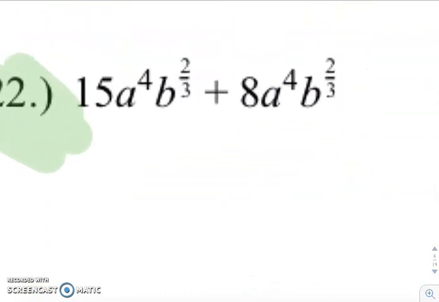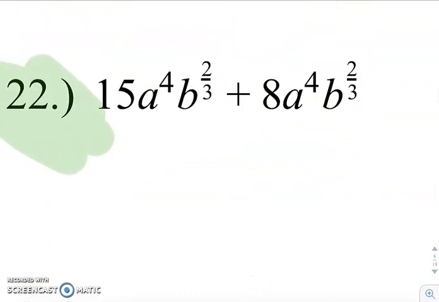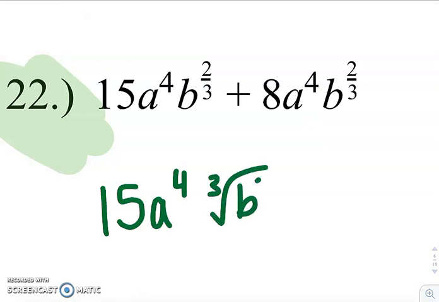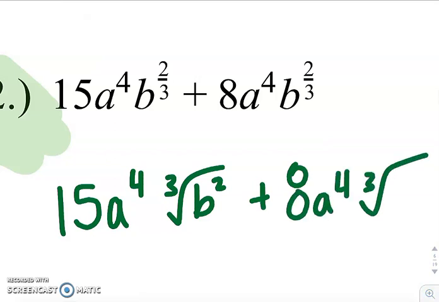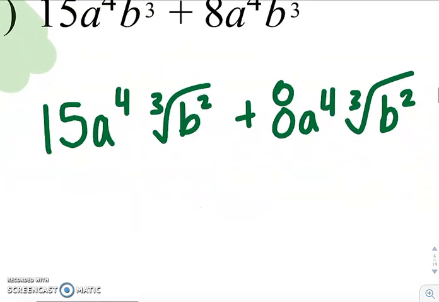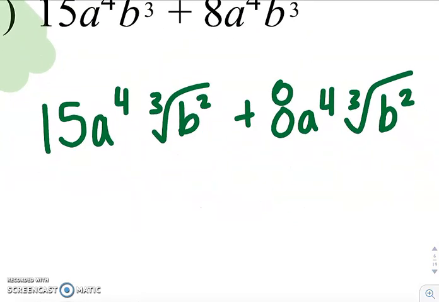So similarly, 22, I'm going to rewrite b to the 2/3. So 15 a to the 4th cubed root b squared plus 8 a to the 4th cubed root b squared. It seems kind of weird, I think, because we have so much stuff behind those coefficients now than what we used to.